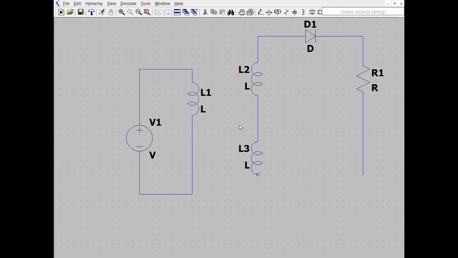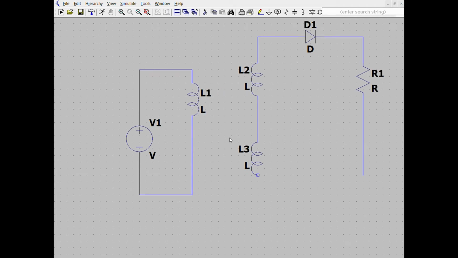Just inductor 1 we can put in 1 milli, this one 20 micro, this one also 20 micro. Then diode 1 is ENT115 and the resistor is 1 kilo ohm.